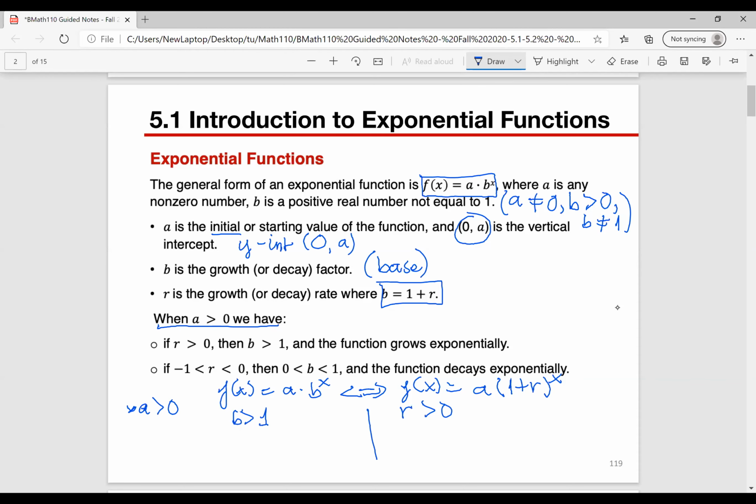Why do I have r greater than 0? Because I know that b equals 1 plus r. So if I subtract 1 from both sides, I have r greater than 0. Then the function is growth, right? So this would give me a growth function.